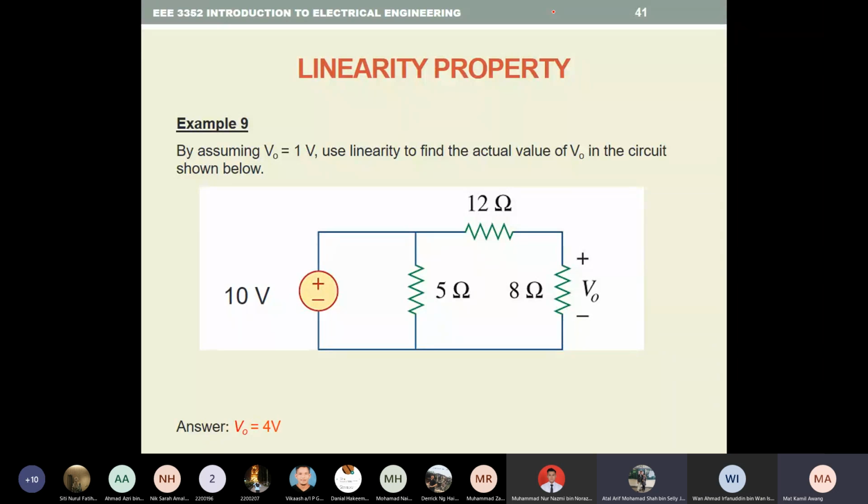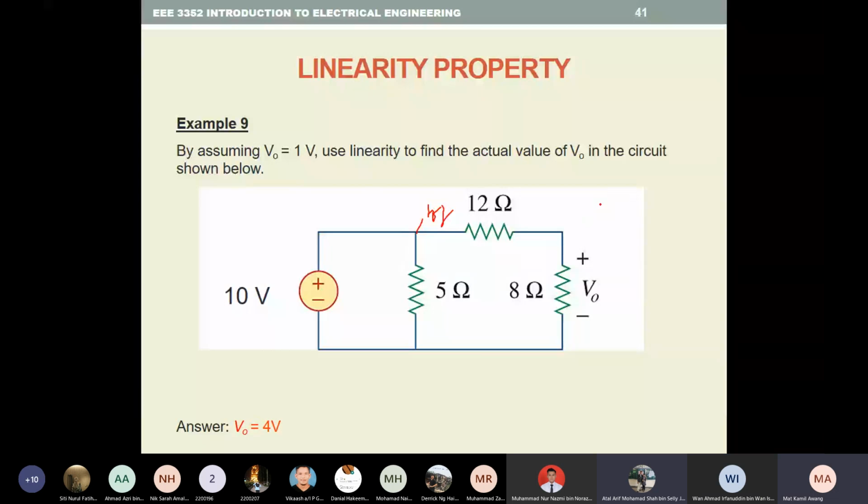Actually, you can use the voltage divider. The whole thing is 10 volts. The voltage here is 10 volts, right? Okay. So what is the ratio of 12 and 8? 2/3.